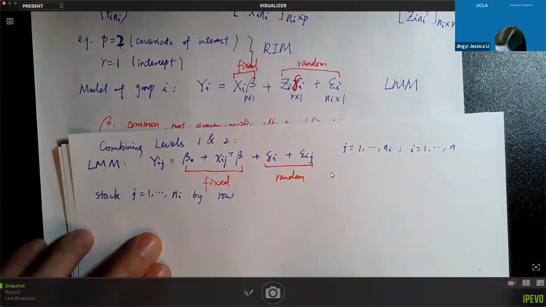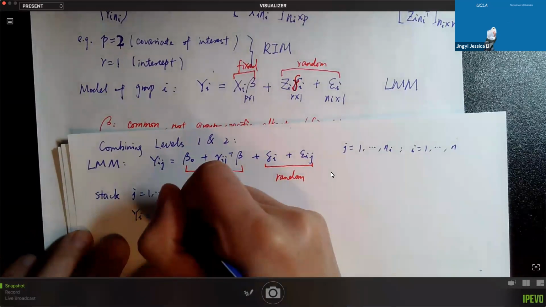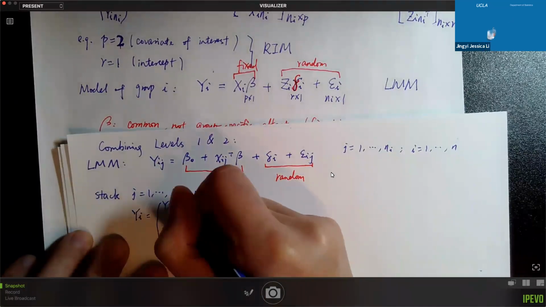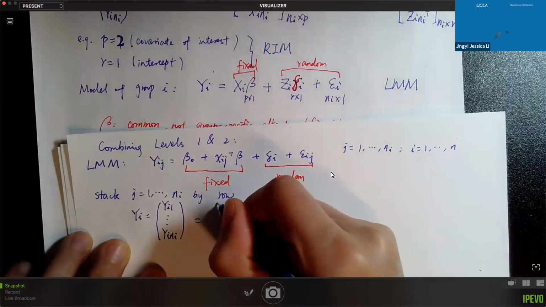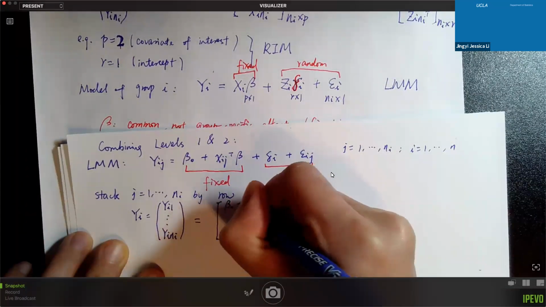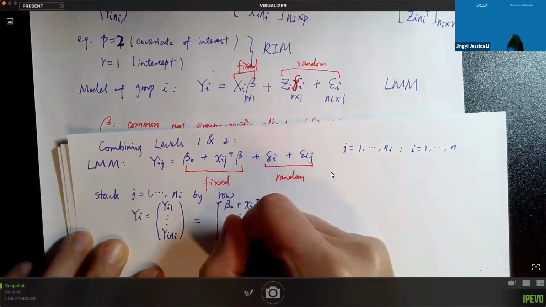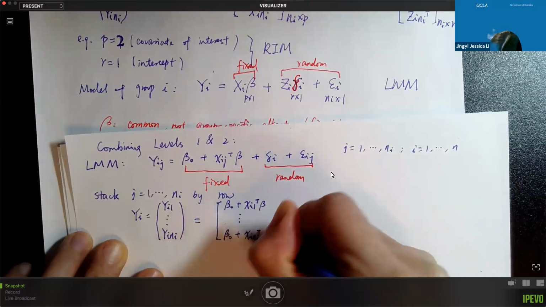I would obtain, you see, Yi is just this vector Yi1 to Yini, equals what? Xi transpose beta. So you see, this is just what I can write as this. I would write this as beta 0 plus Xi1 transpose beta, up to beta 0 plus XiNi transpose beta.